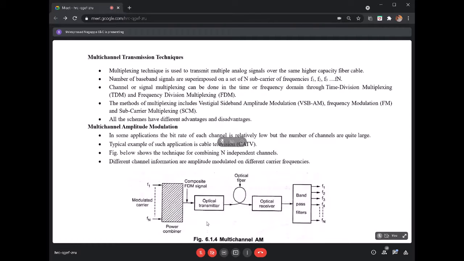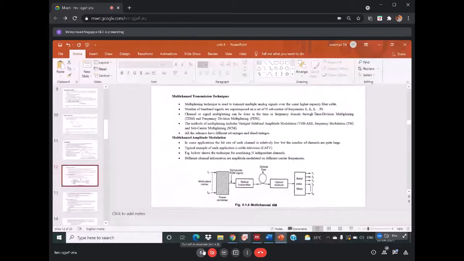What is that? What is multi-channel transmission technique?